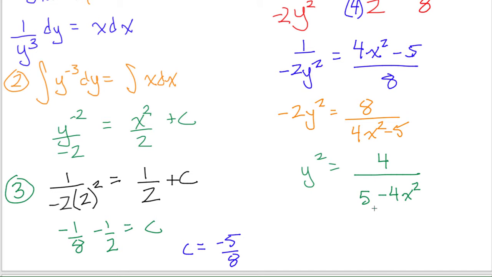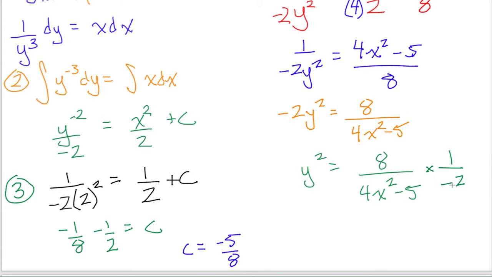Wait, so you're dividing -2 to both sides, right? Yes. And then, because it's a fraction being divided, shouldn't we keep it, change it, flip it, and then it would be times by -2? Yeah, I can show you a little bit more. So what you should have is 8 over 4x squared minus 5, and you're right. So I'm dividing by -2, so I keep it, change it, flip it, times by 1 over -2, right?